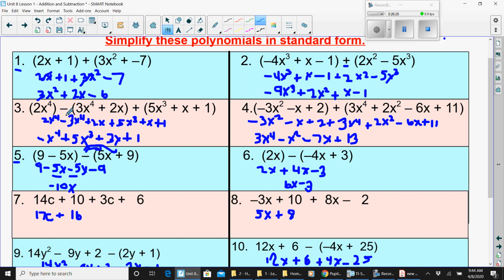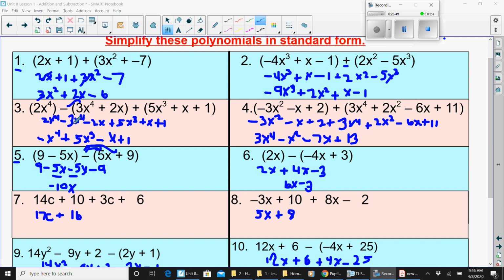This one did have a minus sign right here, so this is where you have to have that negative 3x to the fourth and then negative 2x. And I messed up on that one. All right, I fixed that one. So that number 3 is negative x to the fourth plus 5x to the third minus x plus 1.